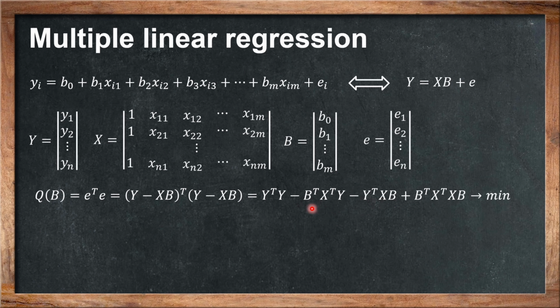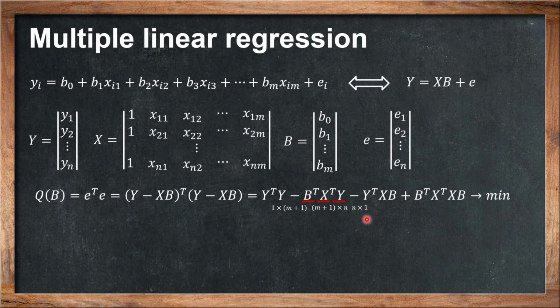Let's take a look at the size of these matrices. Look, B transpose will be of size 1 by m plus 1. Why? Because we also account for b naught. X transposed will be of size m plus 1 by n. You can clearly see that by analyzing this matrix. And finally, y will be of size n by 1.